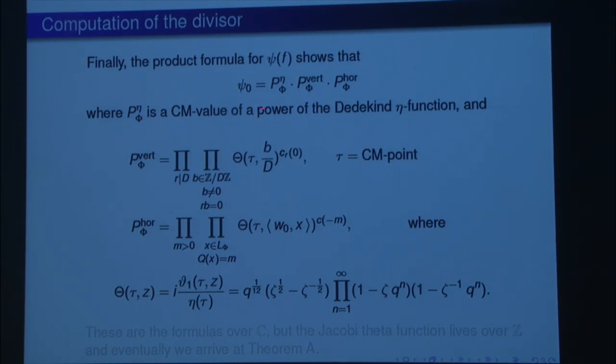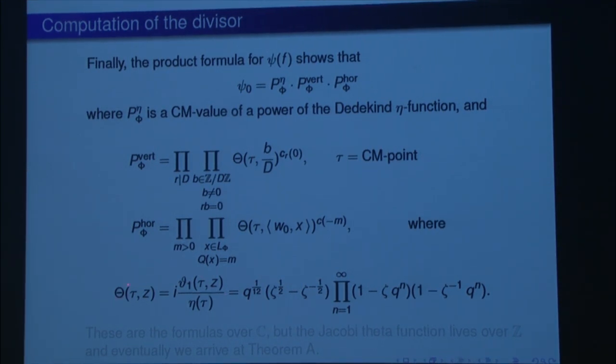The Fourier-Jacobi coefficient is some power of the eta function, so that's just going to tell you something about, that's just a constant here, evaluated at some CM point. The vertical part, this is again just a number, but it's a bunch of, so theta is the ratio of the Jacobi theta function, this is the odd one, which vanishes at 0, divided by eta. So this is this big theta, and there's its product formula.